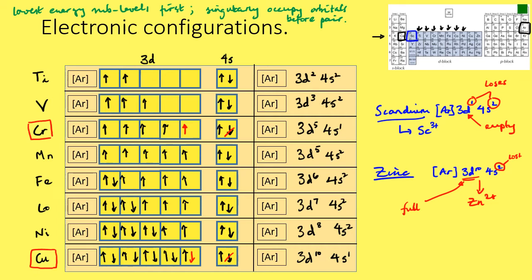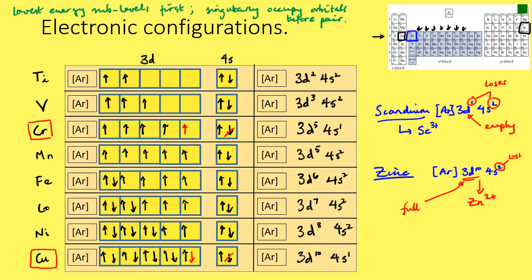So iron is 4s2, 3d6. And moving on one further to cobalt, start off, and our extra electron goes in our next 3d orbital. These are the electrons already there, so cobalt is 4s2, 3d7.